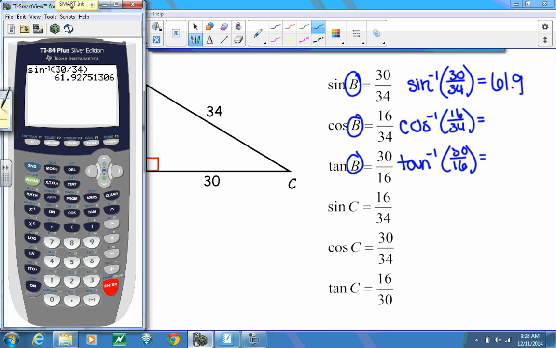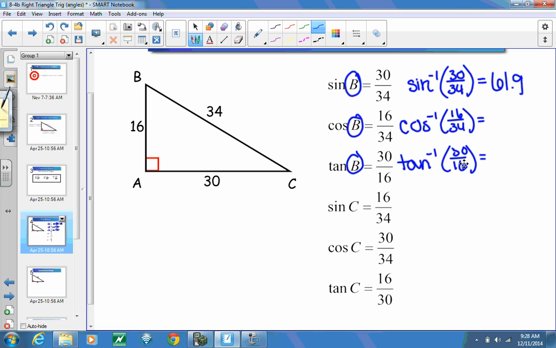If I do the same thing with cosine and tangent, inverse cosine of 16 divided by 34 gives me the exact same angle. If I do the inverse tangent of 30 divided by 16, I get the exact same answer. So all of these give me 61.9, so I know that angle B has to be 61.9 degrees.